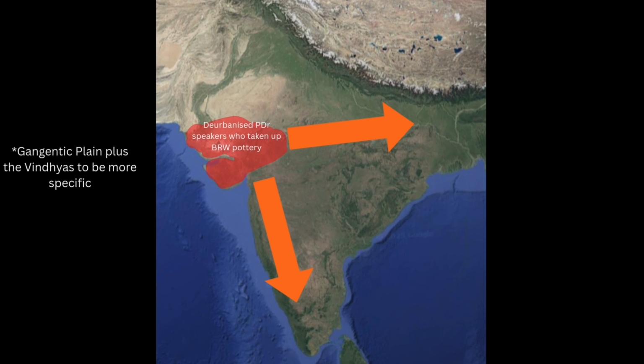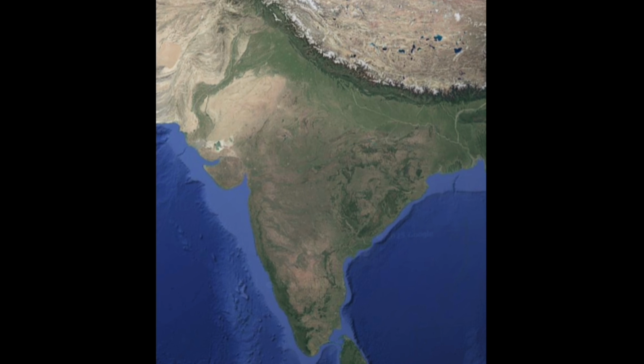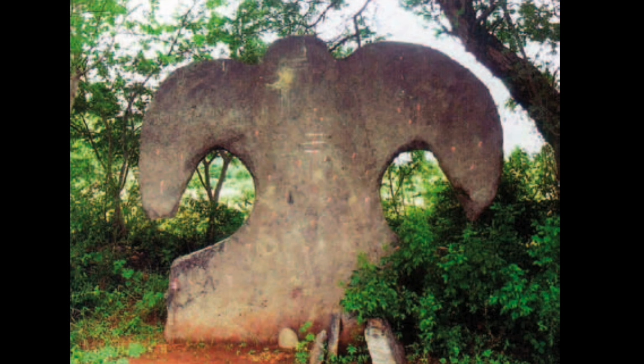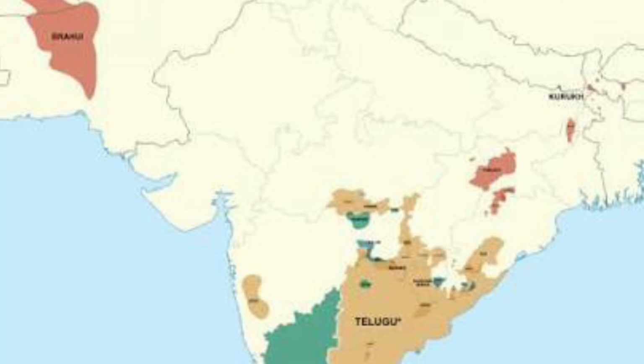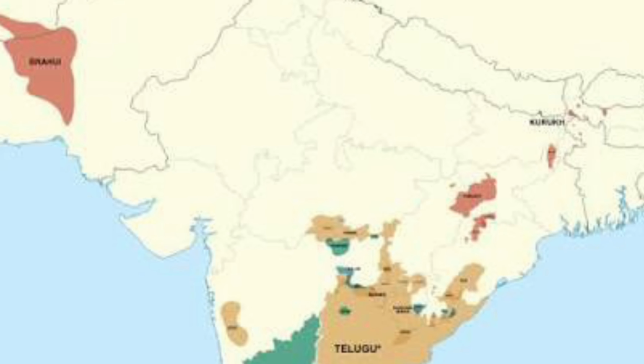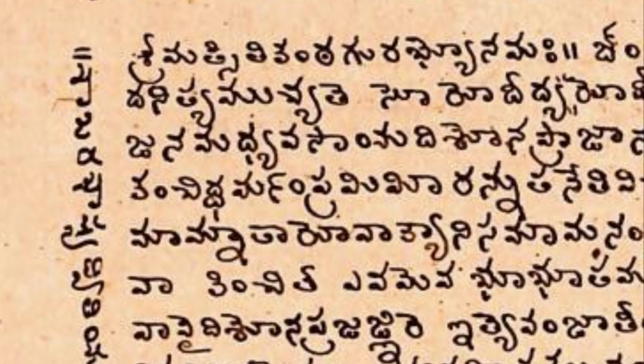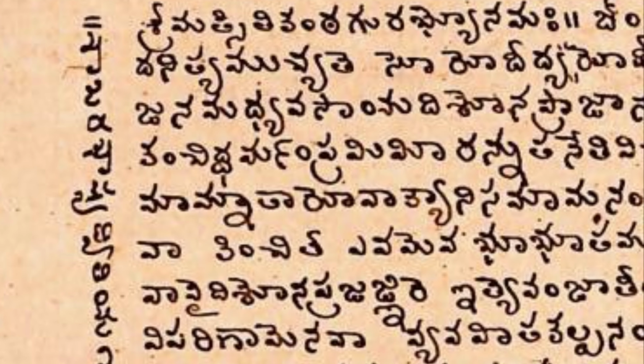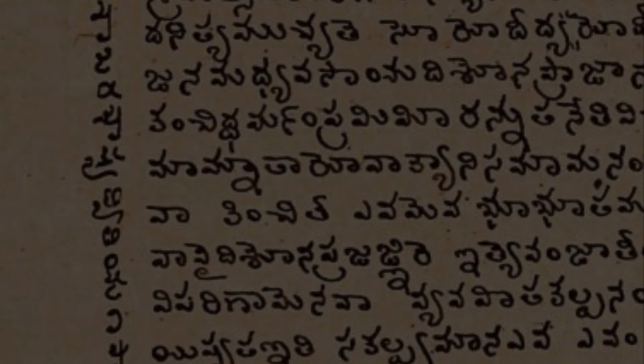Curiously, we see another black and red ware expansion, this time northeastwards across the Gangetic Plain and the Vindhyas, and in my opinion, it was these people who introduced the megalithic cultures into the North Deccan region. In addition, it is likely that these people may have also introduced the South Central and Central Dravidian languages as well. In fact, it is in South Central Dravidian that my native language Telugu finds itself.